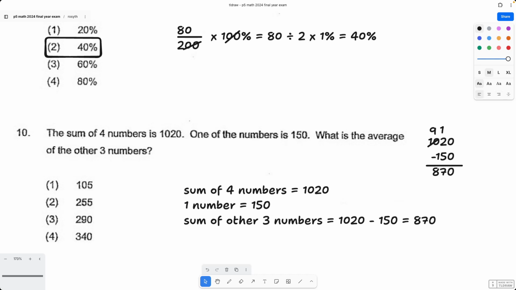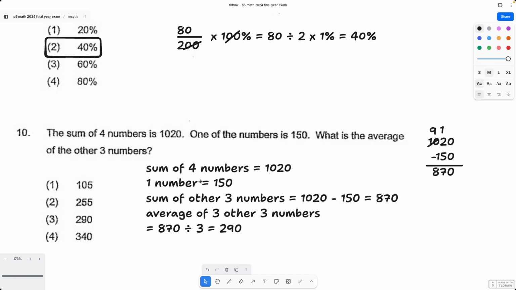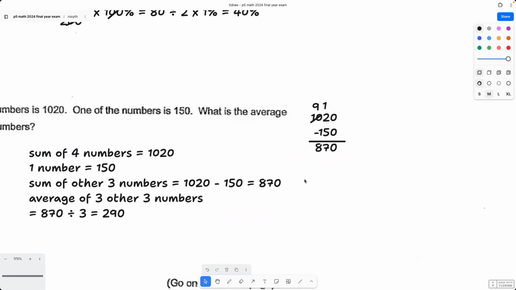Then we need to get the average. So the average of the other 3 numbers is equal to 870 divided by 3. This is again 290. So if you want to double check again, then we can just put here 870, and then let's put it on the left instead.